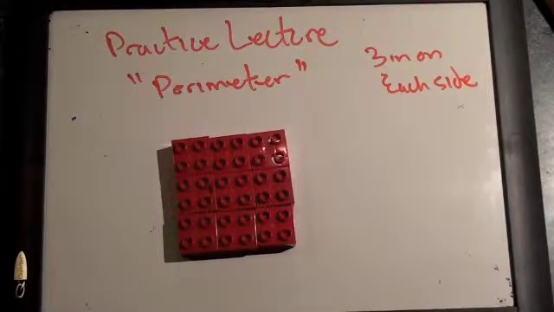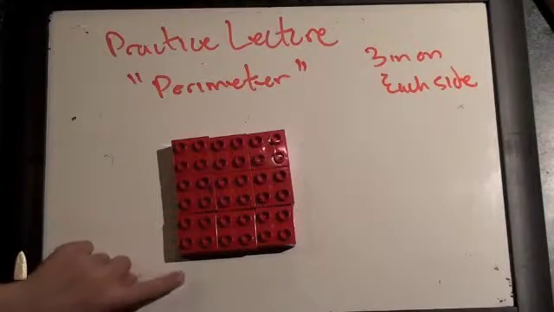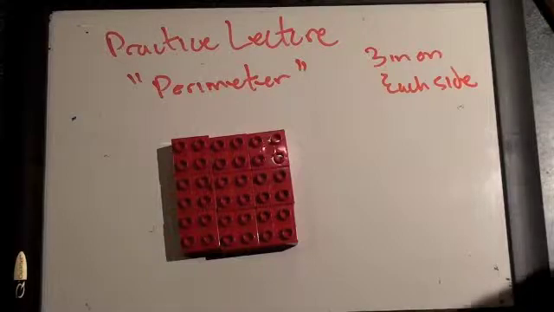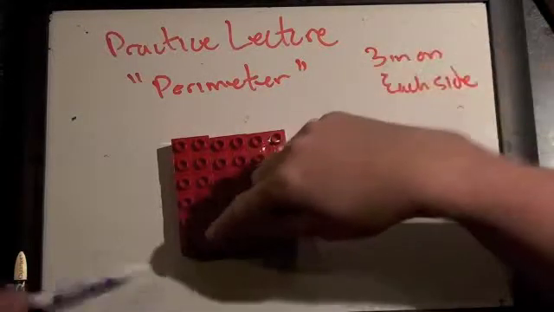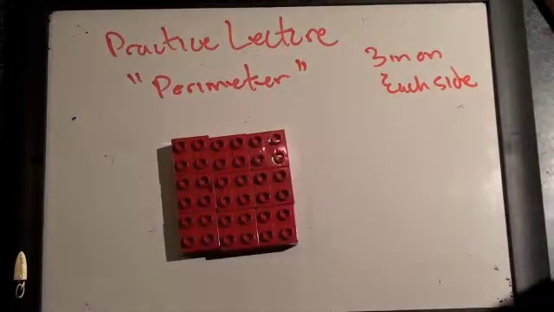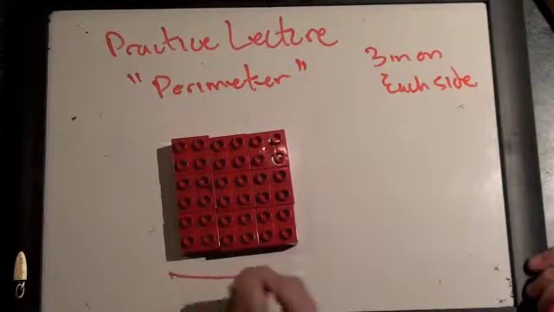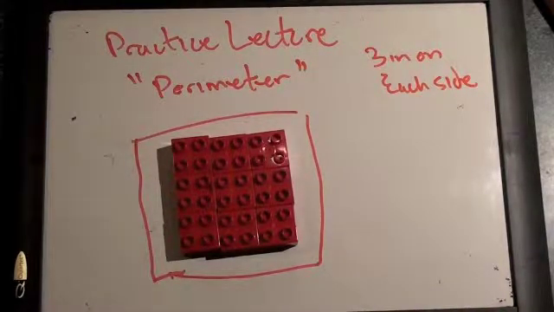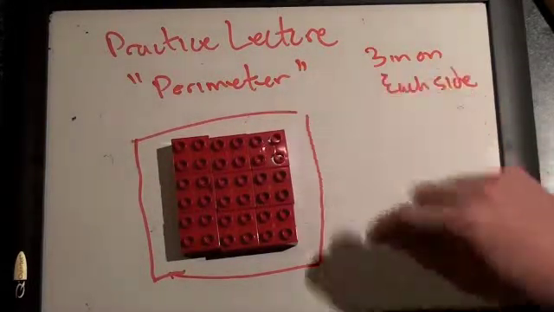So how big is one of the sides of the big square? The big square has 4 sides, so we have to figure out how long each one of these sides is.